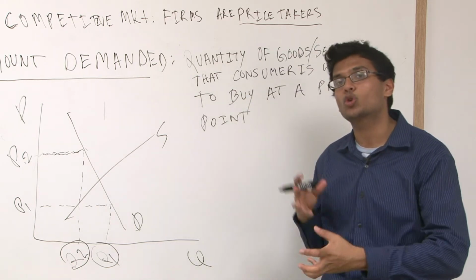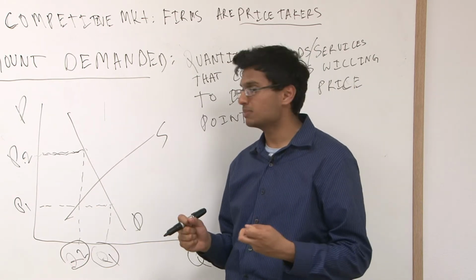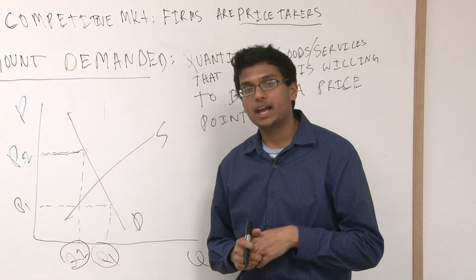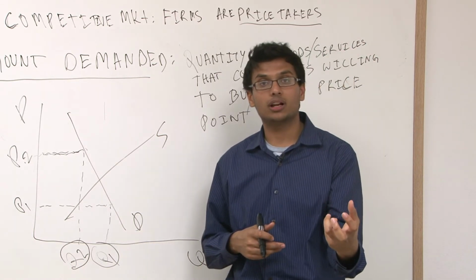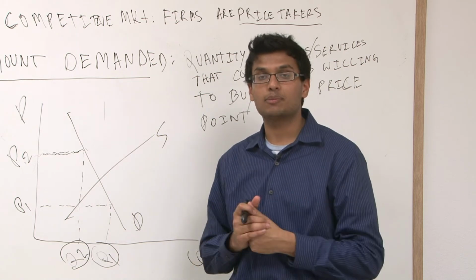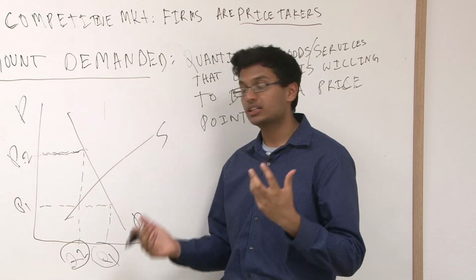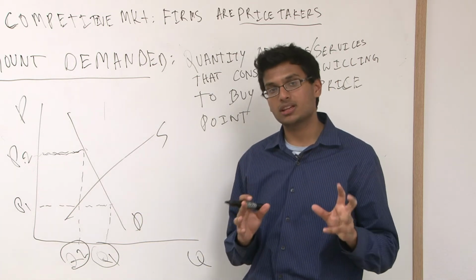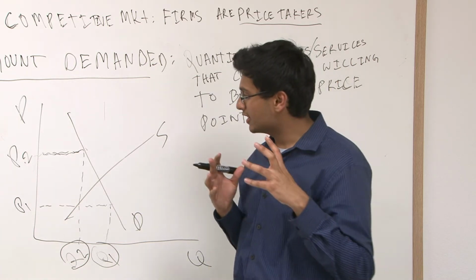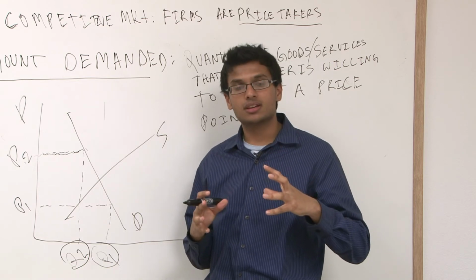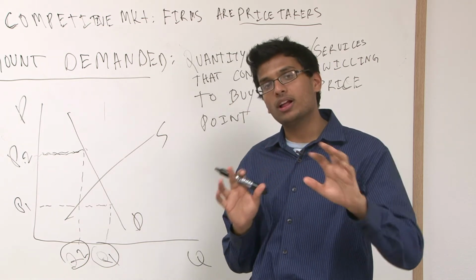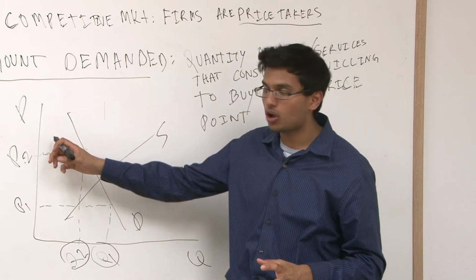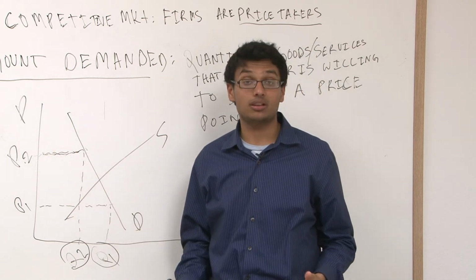So I hope everybody has a grasp on what amount demanded is, because you really have to know the difference between amount demanded and demand. In the next lesson, I'm going to go over demand, and then I'm going to show the big differences. But understand that, ceteris paribus, or the big point here, considering all else is constant, the only reason I can shift along the amount demanded is if the price changes.